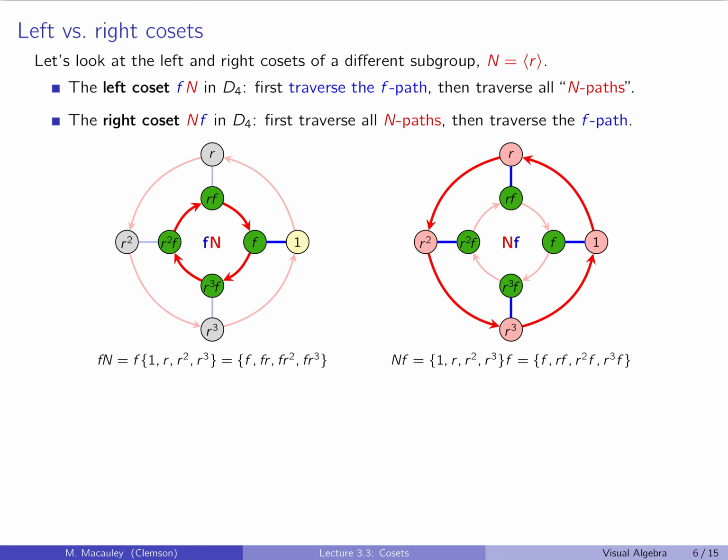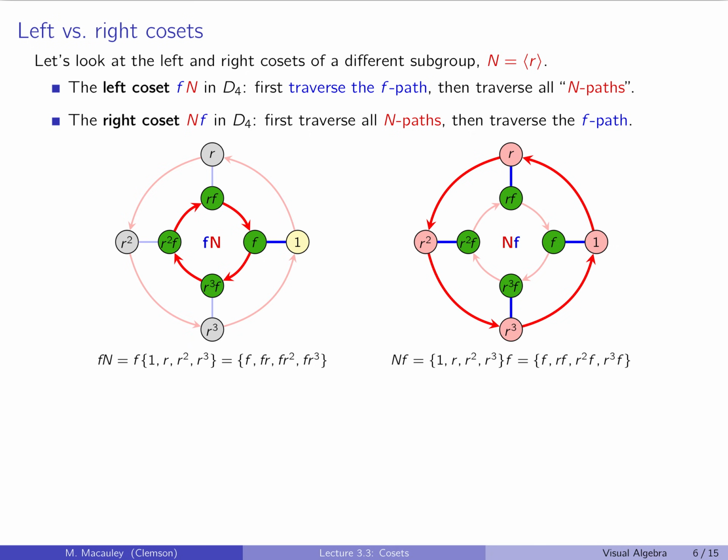Let's now look at the left and right cosets of a different subgroup of D4, namely N, which is generated by R. The left coset FN in D4 is what you get by first traversing the F path and then traversing all N paths. So the F path means just go to F, and then all paths in N mean follow all red arrows, and this is what you get.